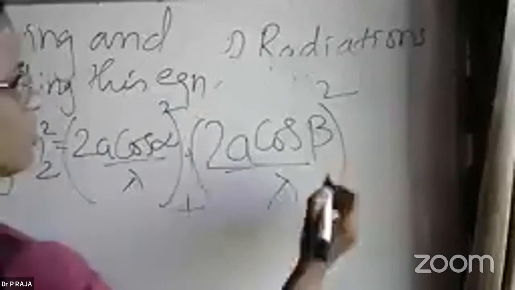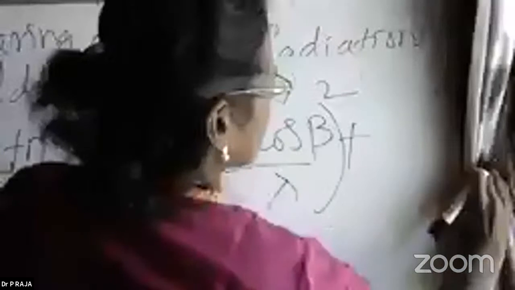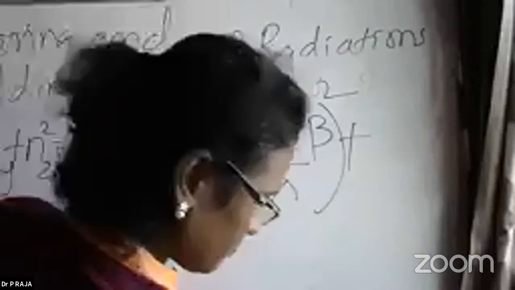Now we have 2a by lambda squared times cos square alpha plus cos square beta plus cos square gamma.